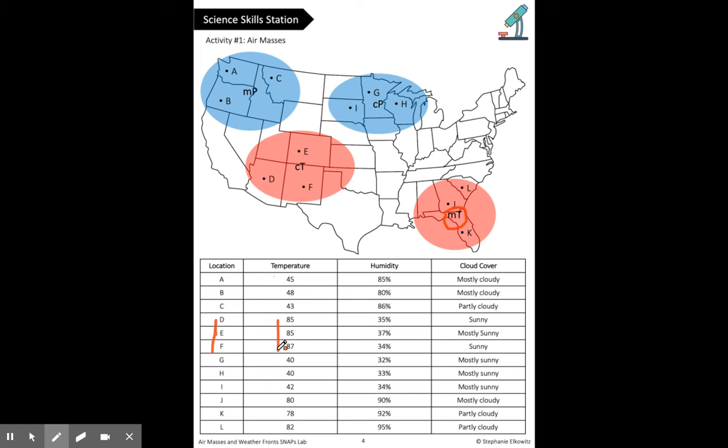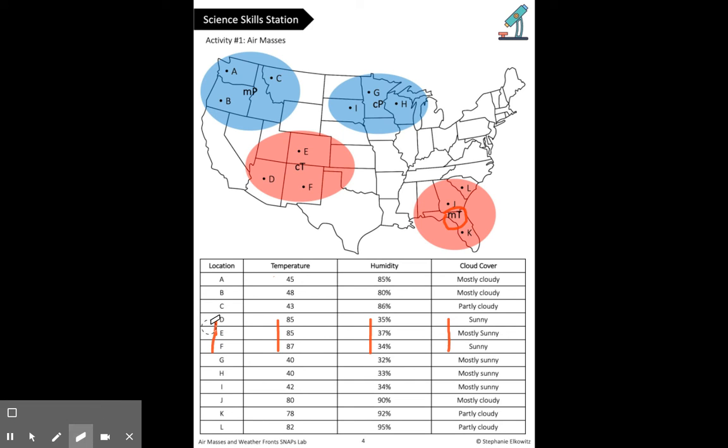That's because it's a tropical air mass. It's not polar, it's tropical now. It formed over a warmer area. We have low humidity because it's continental. It formed over the land. It didn't have water from an ocean to make it moist and higher in humidity. And again, we have mostly sunny or sunny weather because it's continental. Continental again goes with sunny or partly sunny skies.